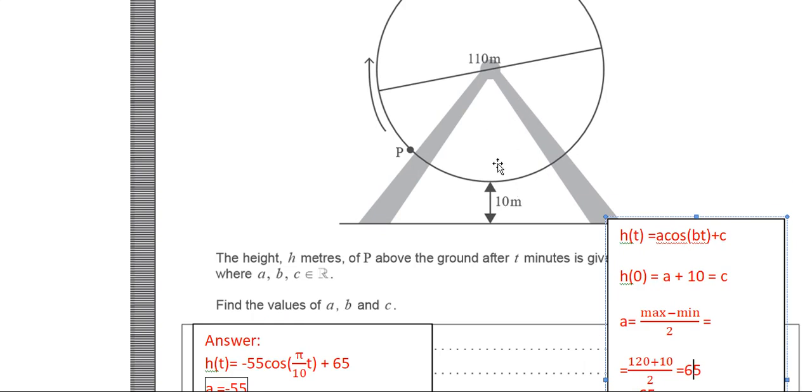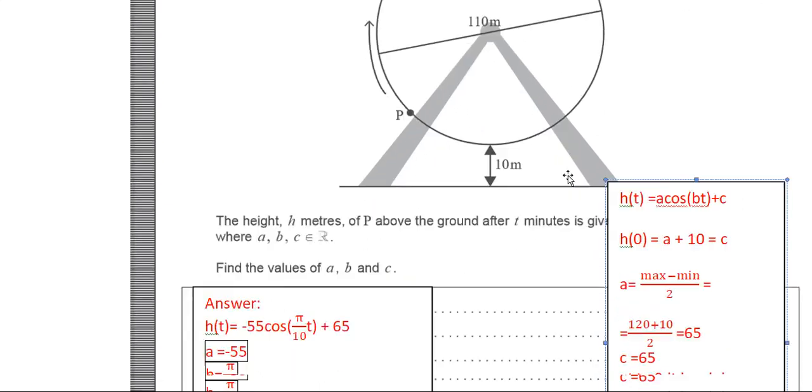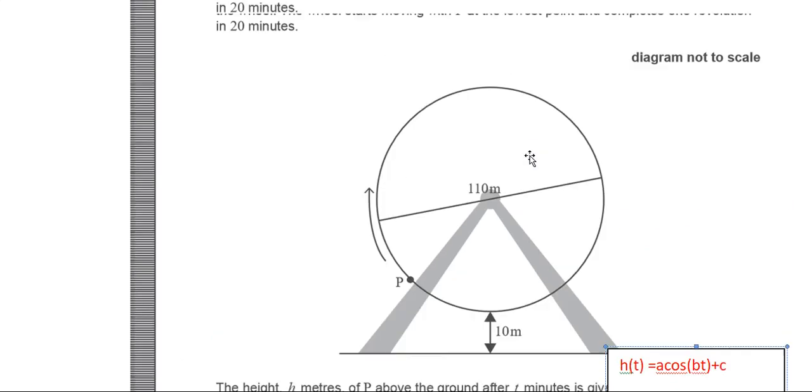Maximum here 120. Actually, it should be 55. Maximum 120, minimum 10.